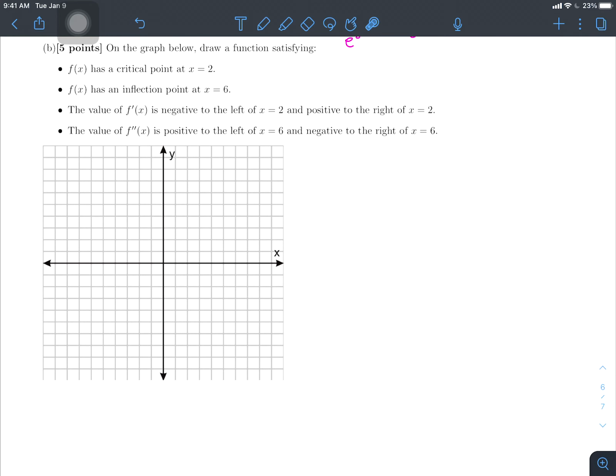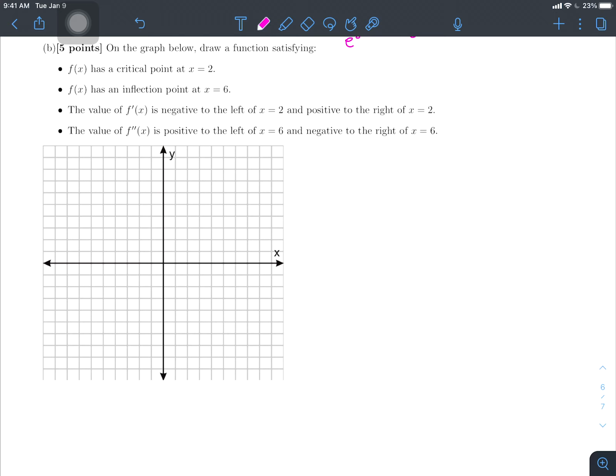Okay. On the graph below, we're supposed to draw a function satisfying: f of x has a critical point at x equals 2, f of x has an inflection point at x equals 6, and they tell us some other information. They say that to the left of x equals 2, the derivative is negative, and to the right, it's positive.